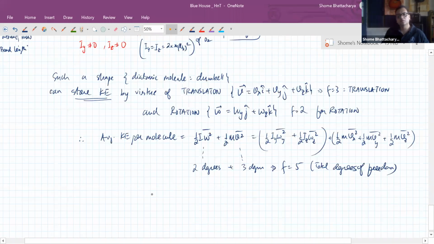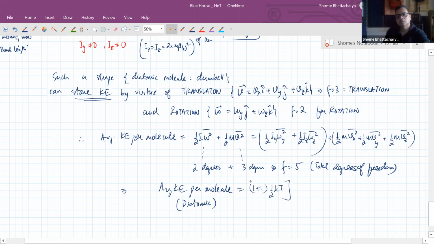So the average kinetic energy per molecule for a diatomic molecule will become 1 plus 1 into half kT, plus 1 plus 1 plus 1, that is 3 by 2 kT, for translation.